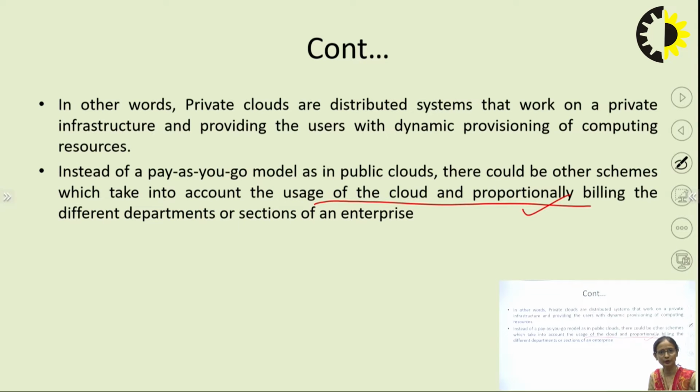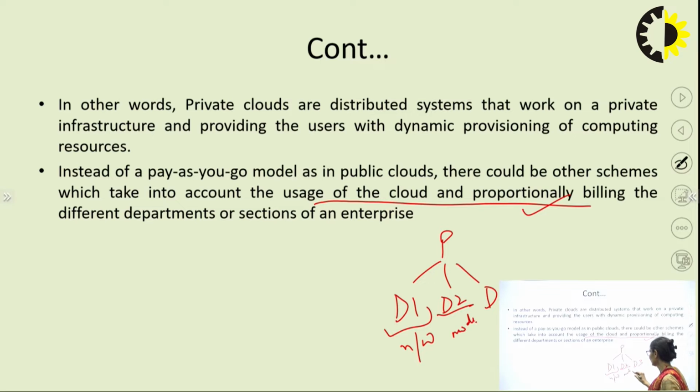In the public cloud, whatever you use, you pay accordingly, but here, maybe in an enterprise P, we are having departments D1, D2 and D3. One department is heavily using or operating over the network resources, another department is operating moderately, and the other is using heavily. So according to their usage, they are billed in this case.